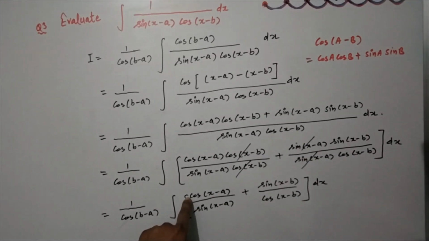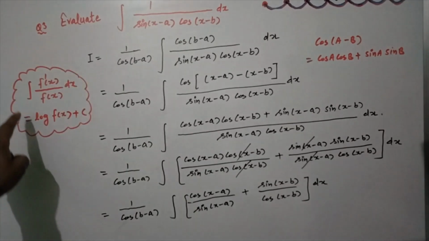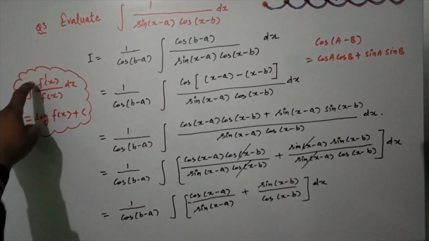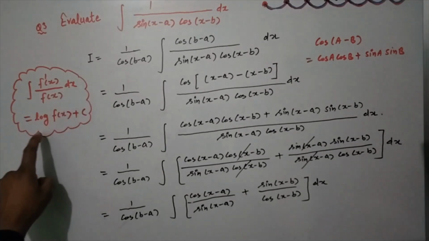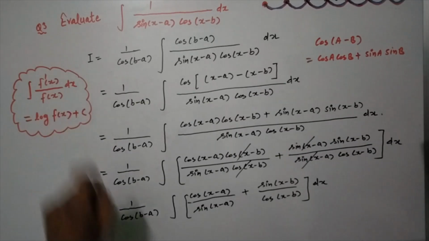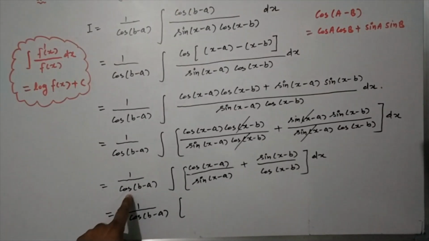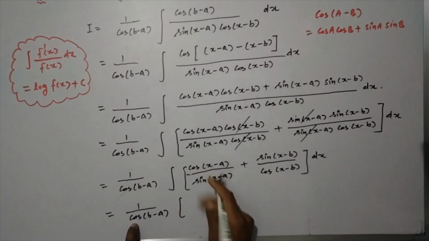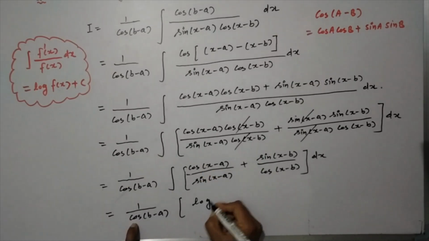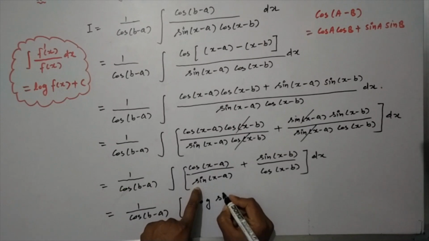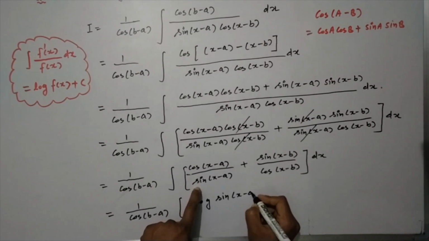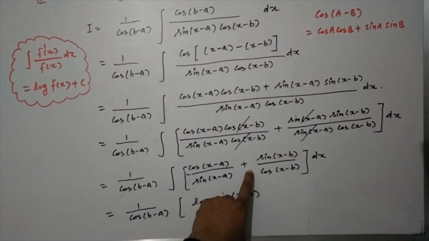Now the numerator is the derivative of the denominator. So we apply this rule: integration of f dash x upon f of x dx is equal to log of denominator plus c. The derivative of sin is cos. So here the result is, outside the bracket the term as it is, this becomes log of the denominator, which is sin of (x minus a).